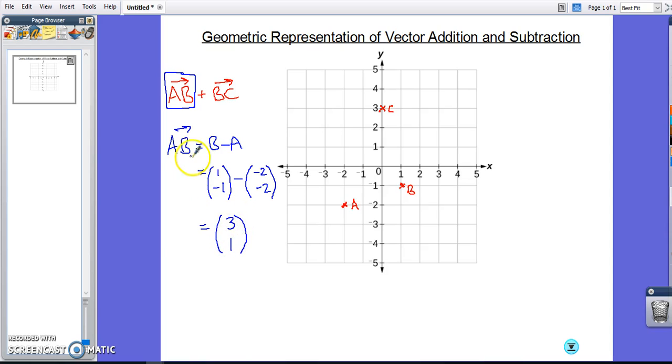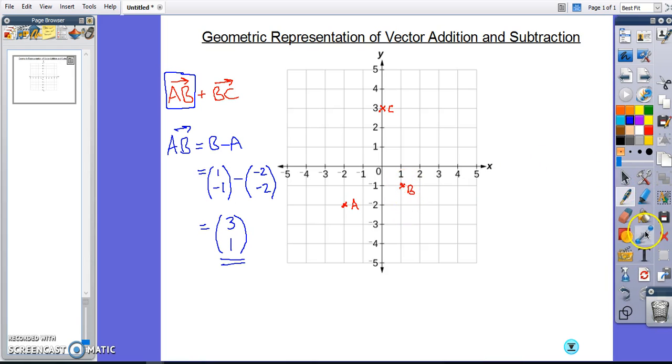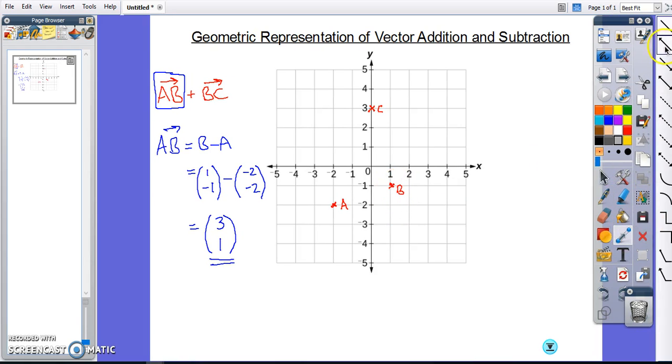So this vector here from A to B, it's the instructions of how to get from A to B. So this is what we could have expected from our work last week on the geometric representation of vectors. To get from A to B, we go 3 across and 1 up. And like I said before, we can represent this with an arrow.